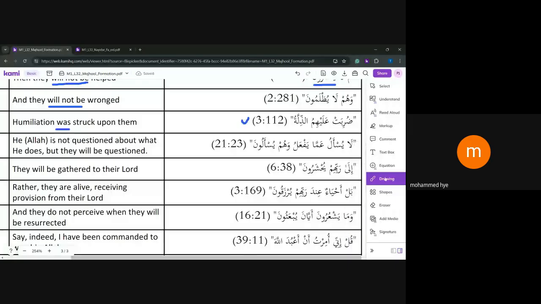Was struck in the past, right? Someone struck. A humiliating attack on someone is not there. There's no actor there. Humiliation was struck by somebody. Was is telling you it's a passive sentence. Understood. English language. Mashallah. Good. Next.